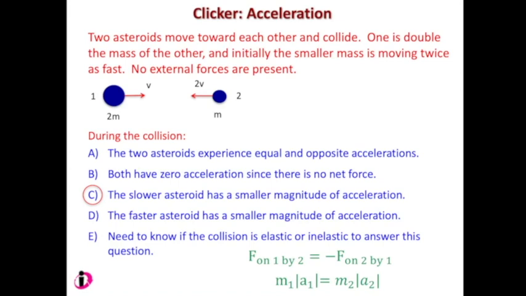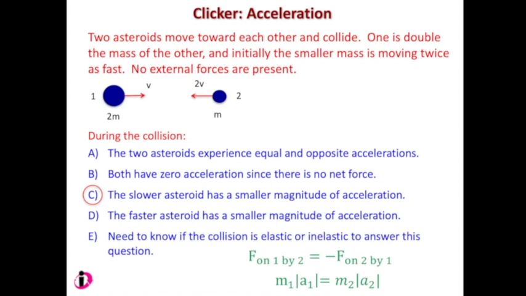In that case, object 1 comes from having a velocity of v to having a velocity of 0, right? So its magnitude of change in velocity is v, and its magnitude of acceleration is v over delta t, whatever that is.